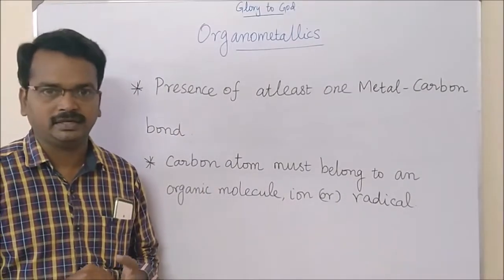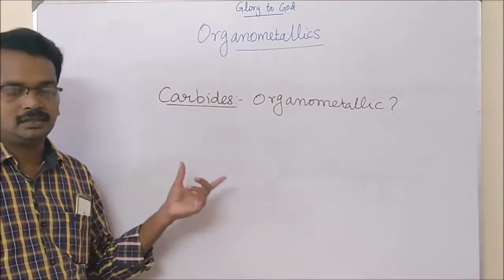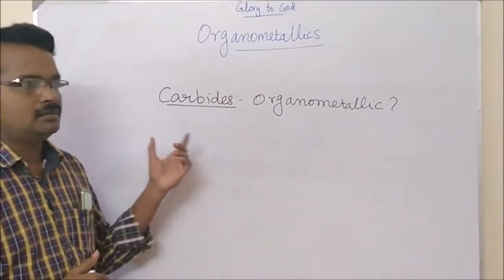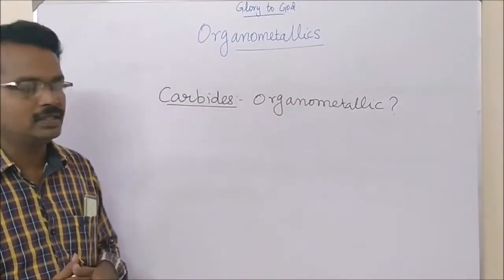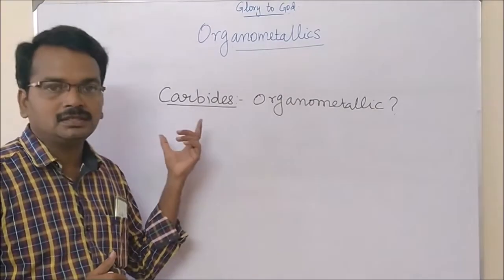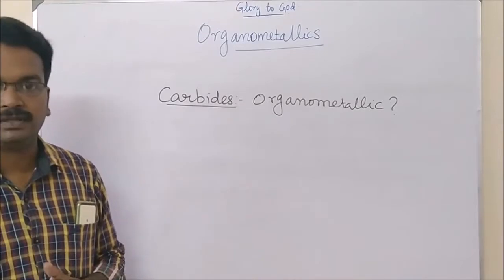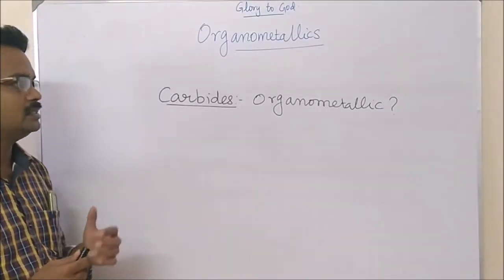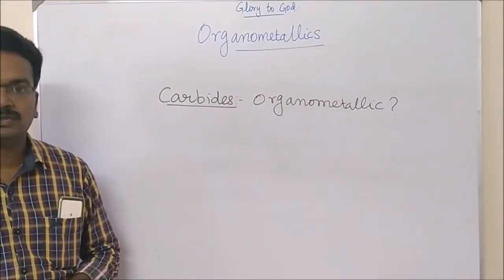You know that carbides are a well-known inorganic compound, but sometimes we may doubt why carbides do not come under organometallic compounds. Why can carbides not be included in organometallic compounds?